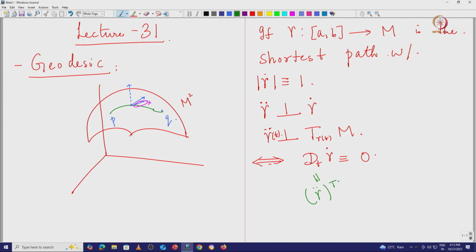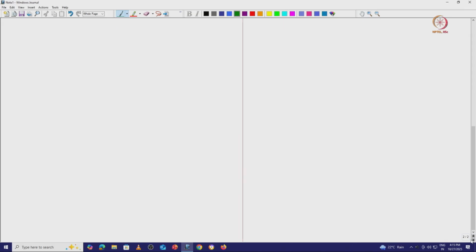So the acceleration vector being perpendicular to the tangent space is equivalent to the statement that dt of gamma dot is identically 0. So this condition is basically called the geodesic condition, okay. So here is a definition.